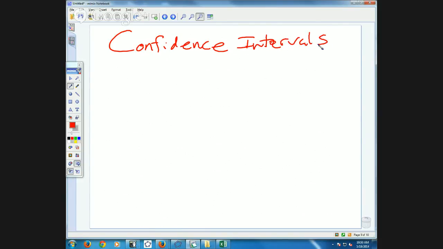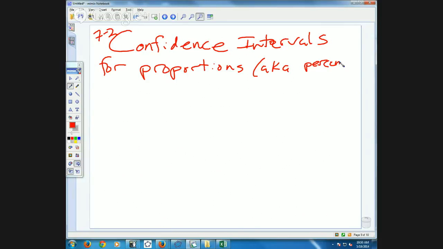This is section 7.2 for proportions, aka percents. What percent of the population is female? What percent of the population is African American? What percent of the population are math teachers? That's the kind of thing I'm talking about right here.